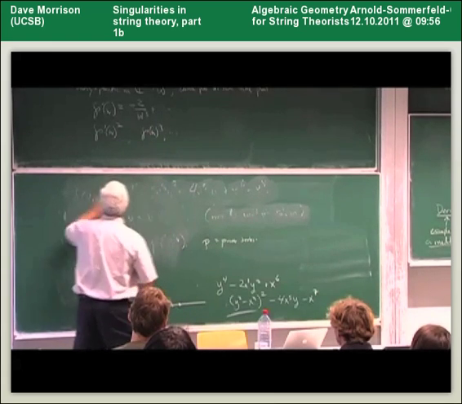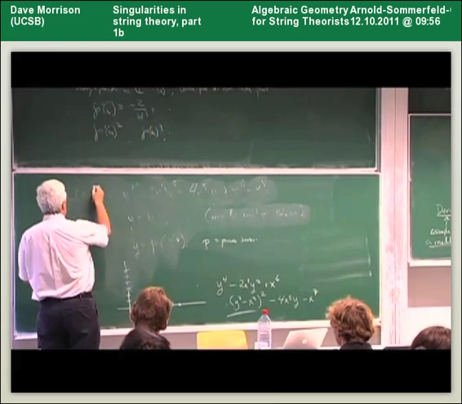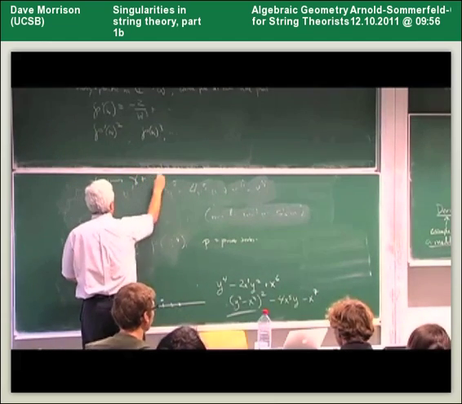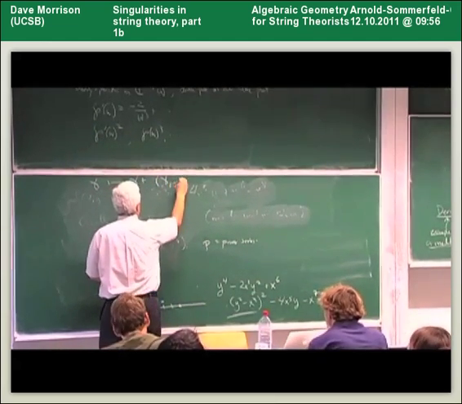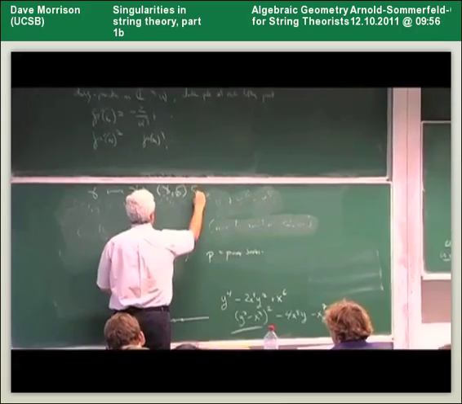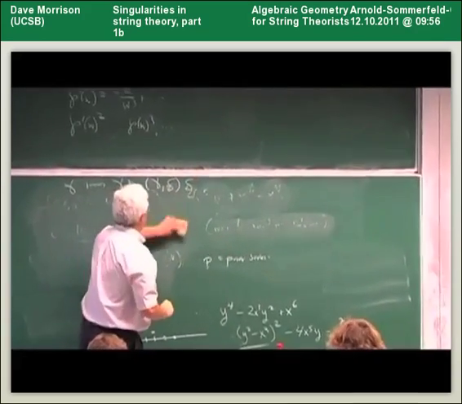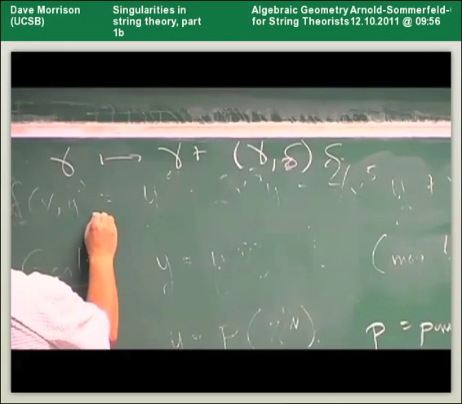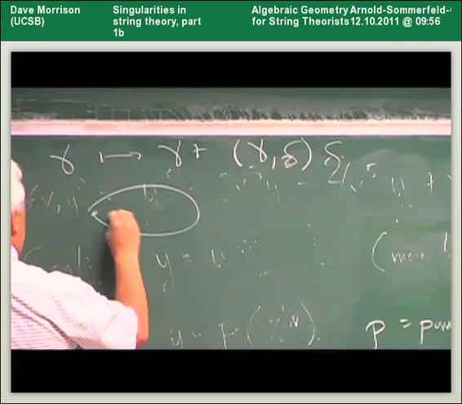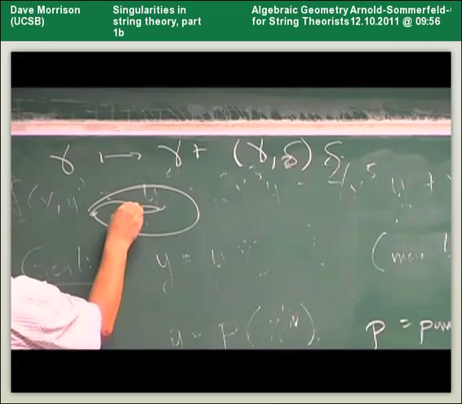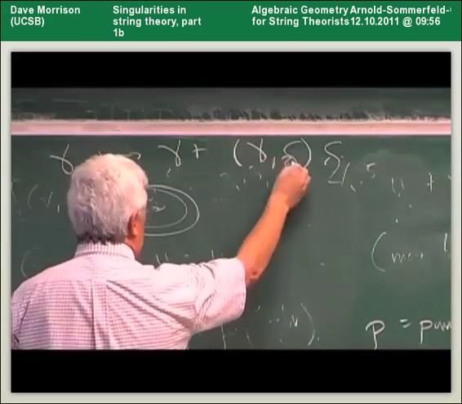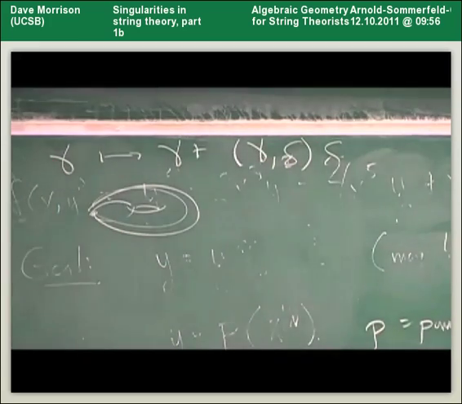The way I described that monodromy transformation was that a given cycle, say gamma, went to gamma plus the intersection of gamma with another one times delta. And now the intersection properties of cycles on this elliptic curve, right? The elliptic curve has this kind of structure where I've got a cycle this way and a cycle going around the other way. So the two different cycles meet each other.